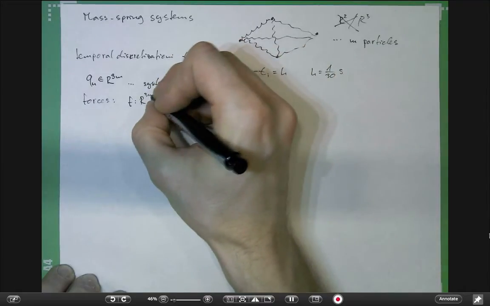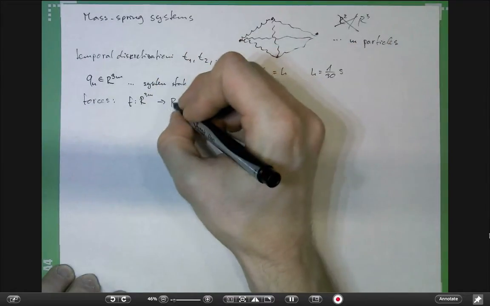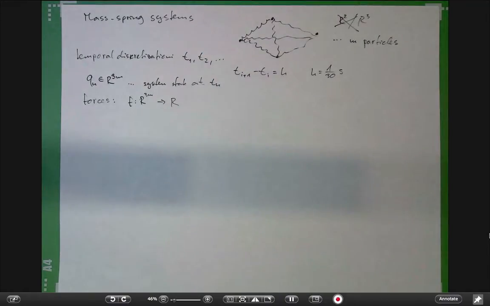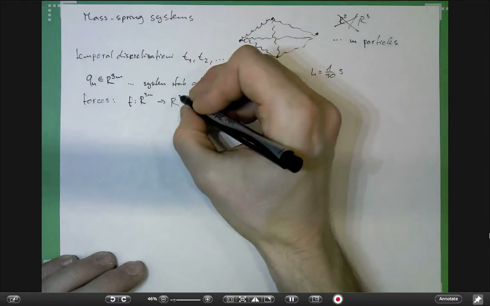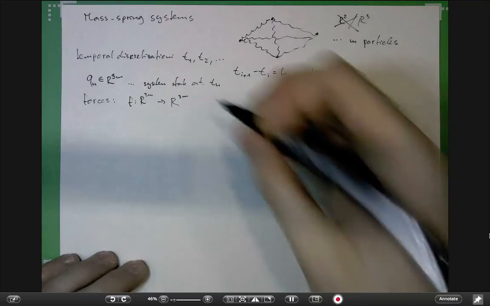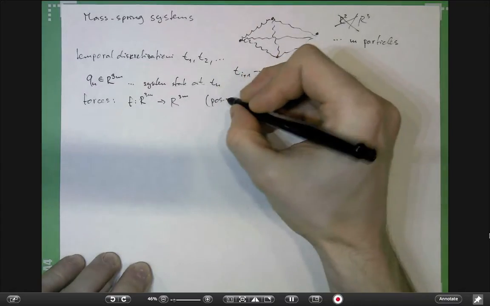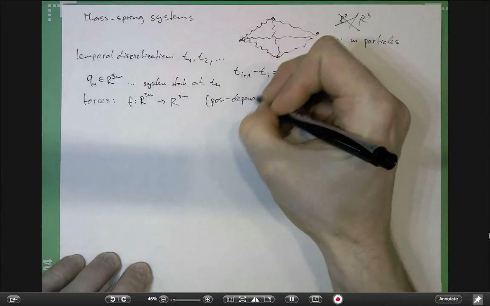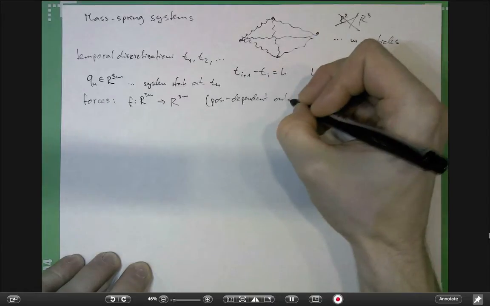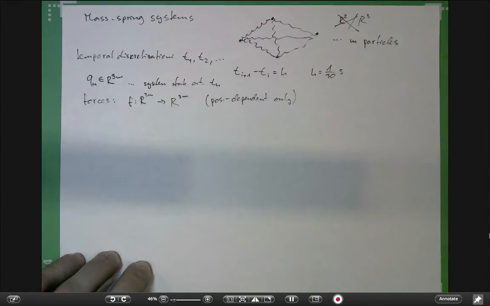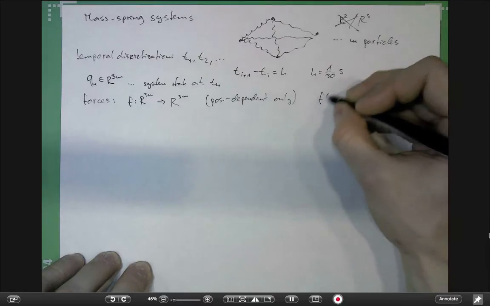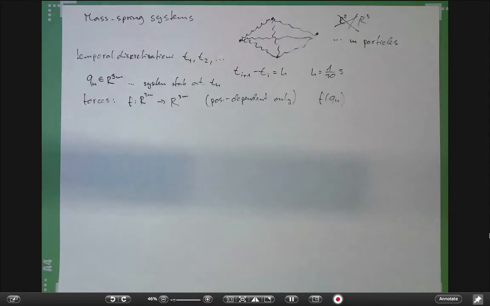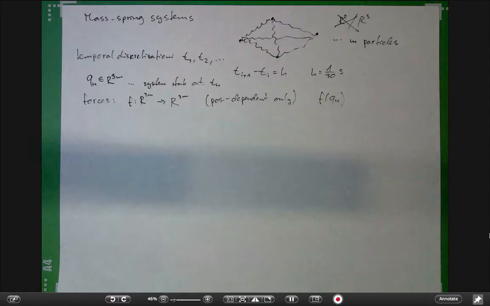To simplify the exposition a little bit, you know that we can also have velocity-dependent forces like damping, and we can also have time-dependent forces, but most important are the position-dependent only forces. And the F(Qn), so if I give it a state, it tells me all the forces acting on all the particles, right?